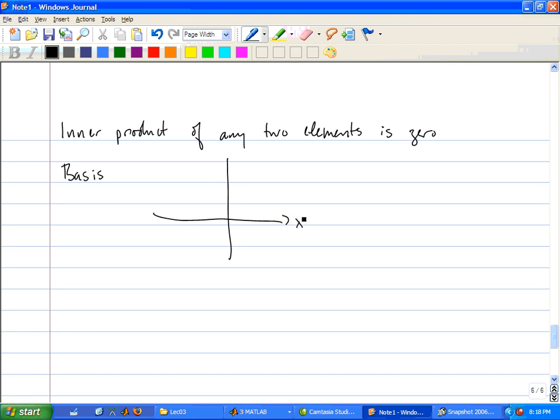So nothing fancy, x and y. So these two vectors constitute a basis. So in other words, I can create any other point as a linear combination of these two, right?